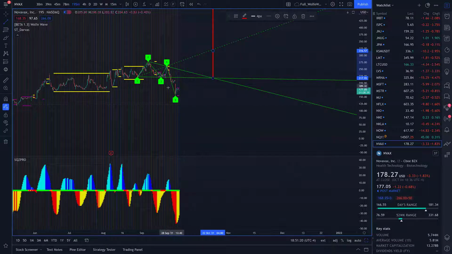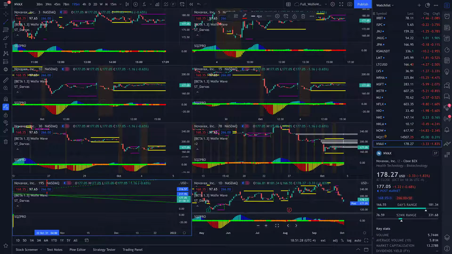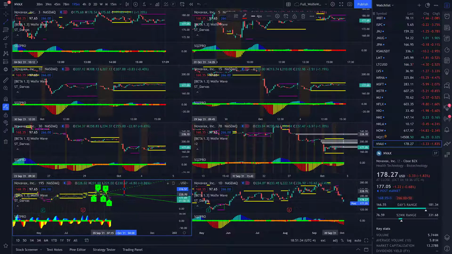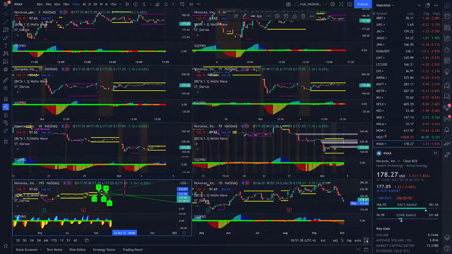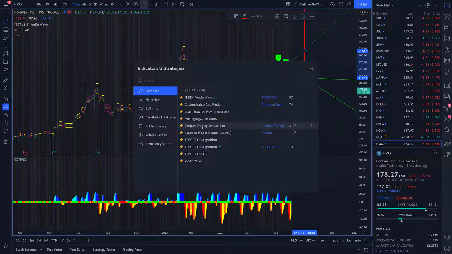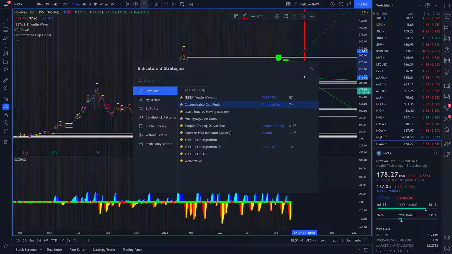Didn't quite trigger the Wolfe wave because it's supposed to show WW there, and there's no 70-minute TTM squeeze, so then you would have to figure out there's a couple of TTM squeezes running off of the lower time frames, which you can use in conjunction with this 195 minute. And then if you turn on all your gap finders here, you can create some targets that you might be interested in taking profits at.